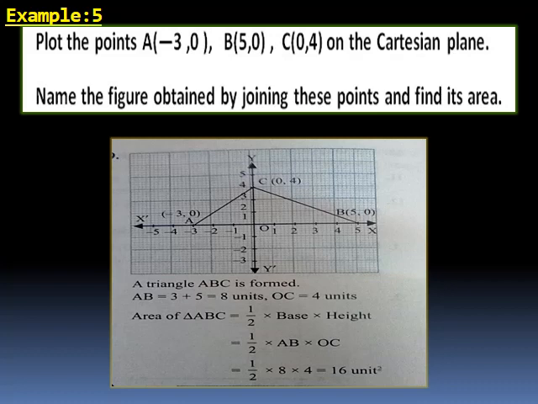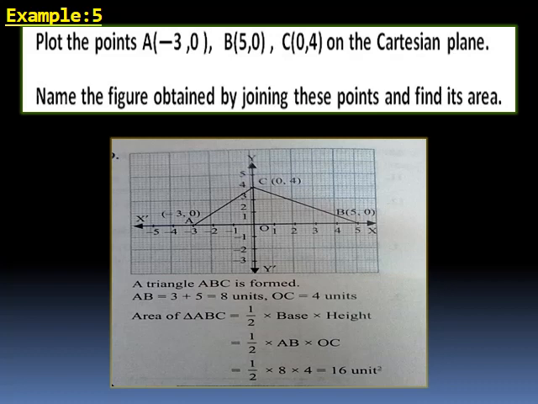Example 5. Plot the points A -3, 0, B 5, 0, C 0, 4 on the Cartesian plane. Name the figure obtained by joining these points and find its area. The first point is -3, 0.